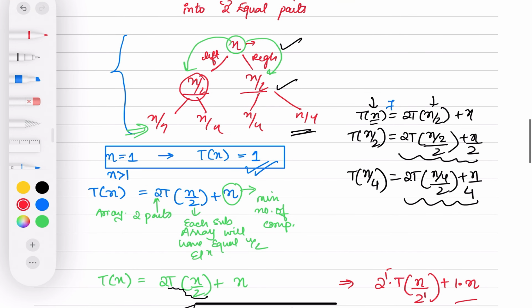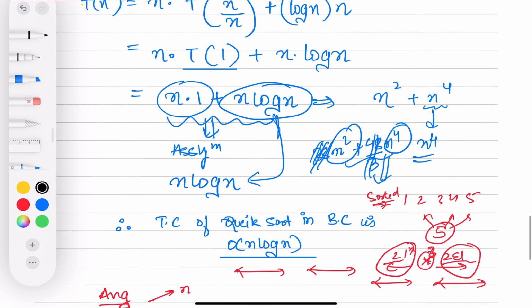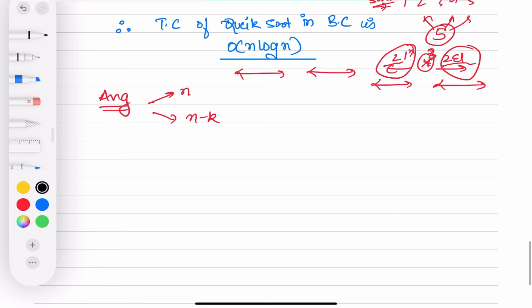I'm just saying that it won't be exactly n by 2. Either it will be greater than n by 2 or less than n by 2. But if you take it approximately, will it follow the same pattern? Therefore, the average case time complexity is also n log n.